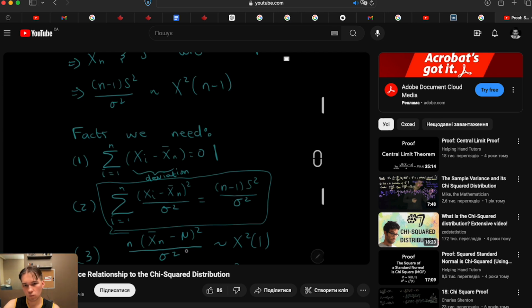And this proof is also quite simple. You just have to look at the definition of s squared. S squared is 1 over this sum over here. So if you multiply by n minus 1, you're left with this particular sum, and then it's straightforward from there.